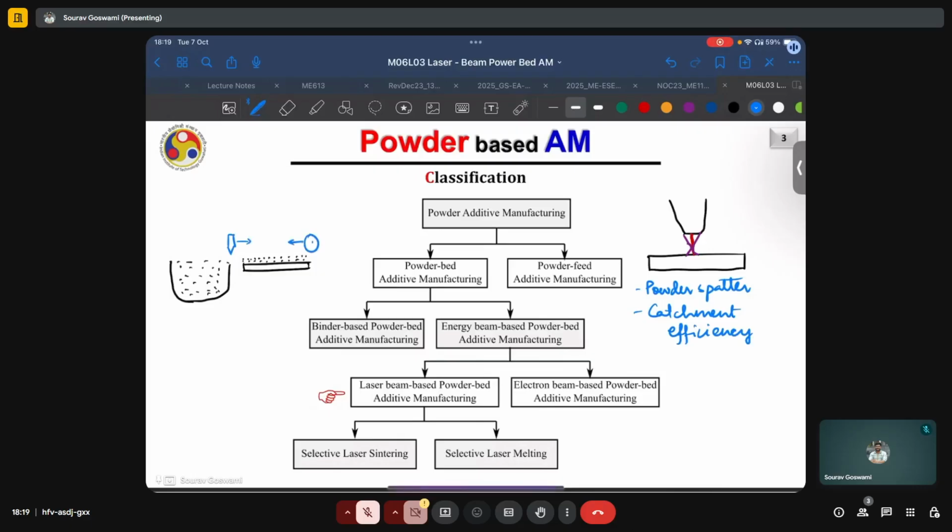And this very thin layer of powder will typically have thicknesses of the order of tens of micron, so some 40 to 50 micron maybe. And once this layer is printed, the bed will go down and the next layer of powder can come sit on top.